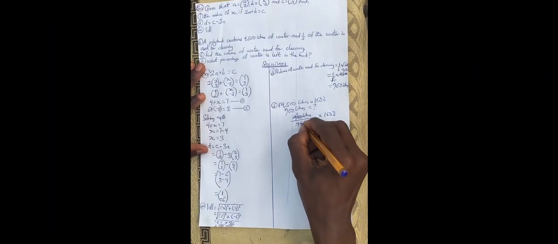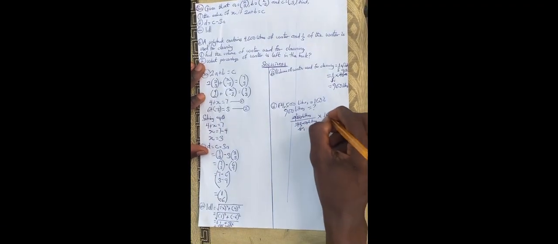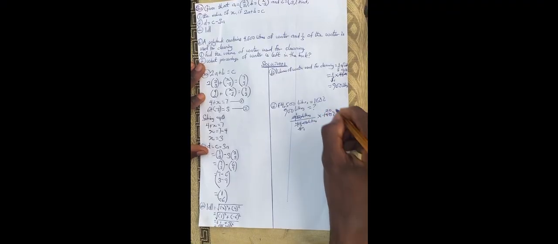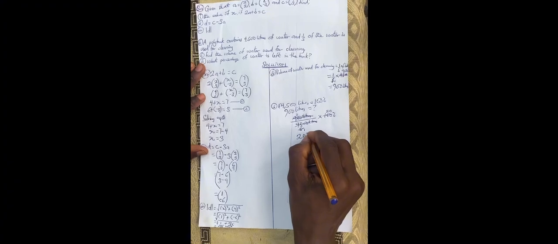It will go into this 45 left here how many times? 5 times. This 5 here will go into itself once. It will go into the 100 how many times? 20. So at the end of the day, we are left with 1 times 20 all over 1, which is the same. So the liters will also cancel the liters. So we are left with what? 20%.